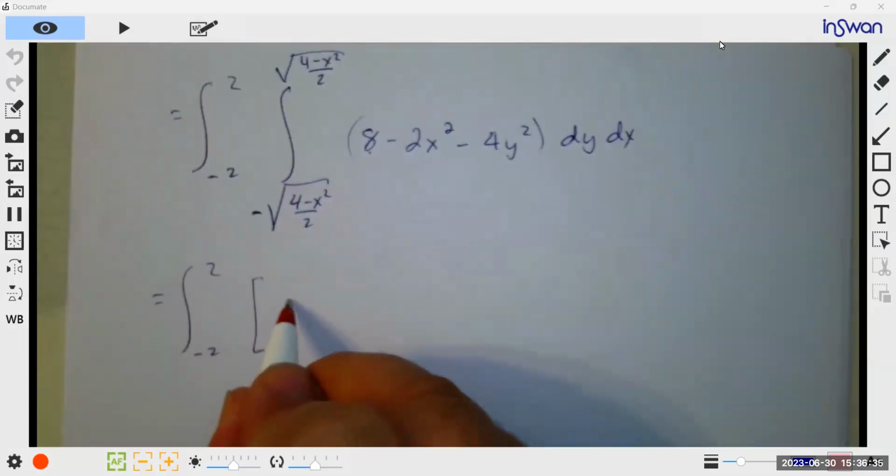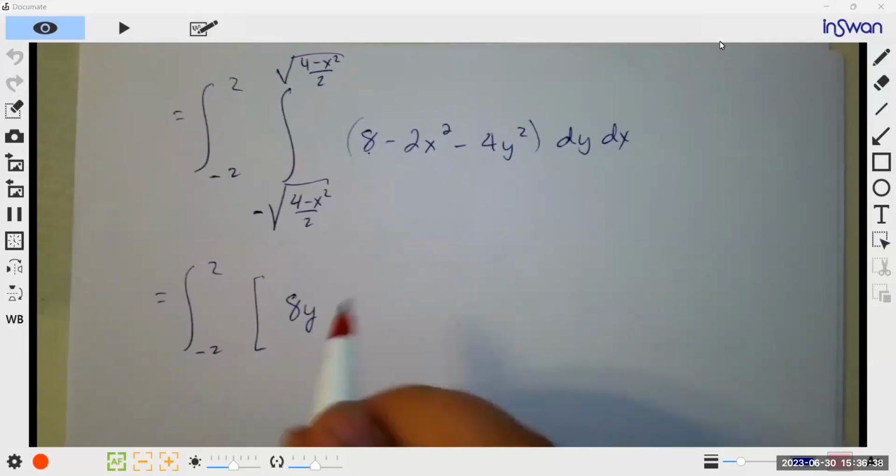The integral of 8 with respect to y is 8y.